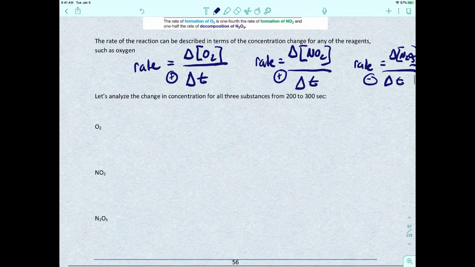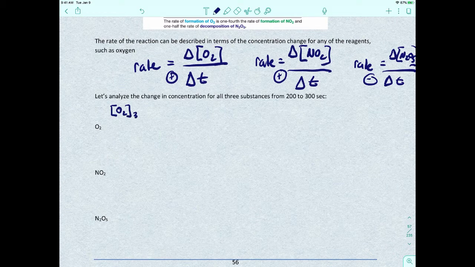So if I go over here, we're going to set this up as an equation. We're going to look at the concentration of O2 at 300 seconds. We're going to subtract from it the concentration of O2 at 200 seconds, and then we're going to divide that by 300 seconds minus 200 seconds.